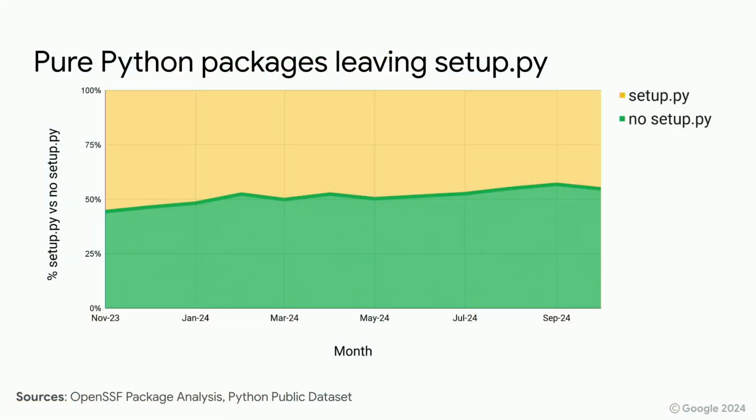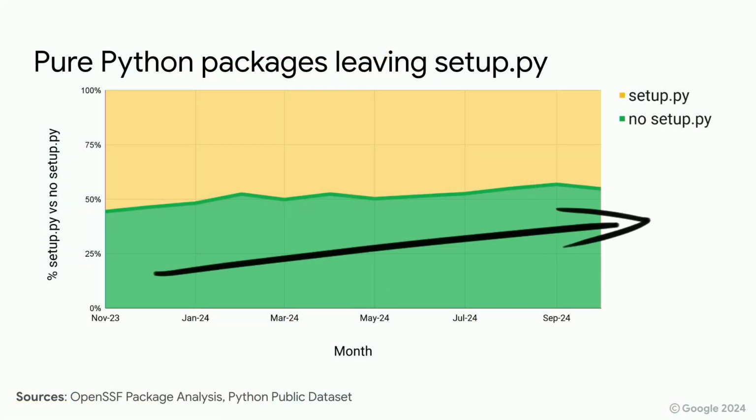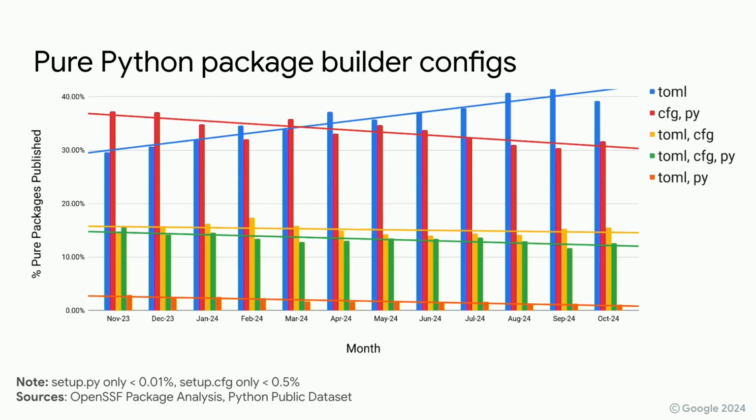And if we turn it into a proportional graph, where green is no setup.py, we can see that the trend is up and to the right slightly. And we passed the 50% threshold around the middle of this year. And if we break it down further and we look at the 3 files I've been talking about and which set of ones are included in each package, we can see an interesting trend here.